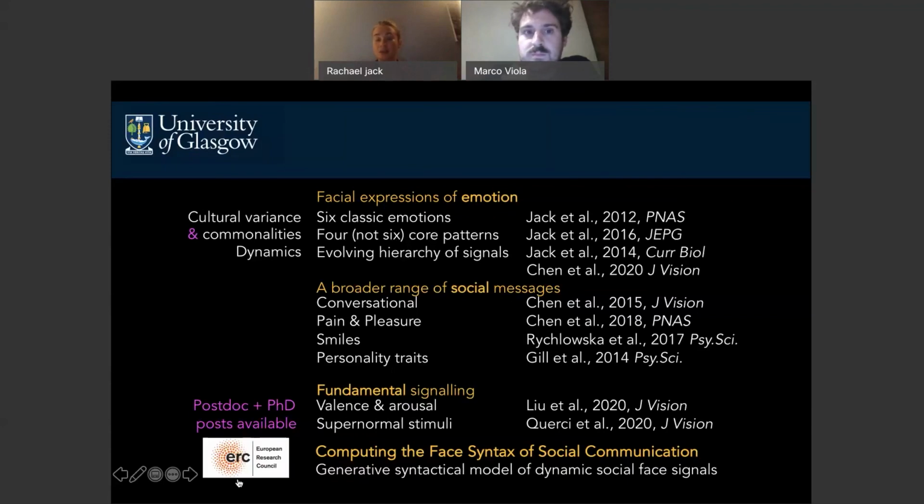This enables us to perform precise analyses so that we can really understand what the code of facial expression communication is, what the language is, how we combine these different action units to create words and sentences in different cultures, and whether these are meaningful across different cultures.